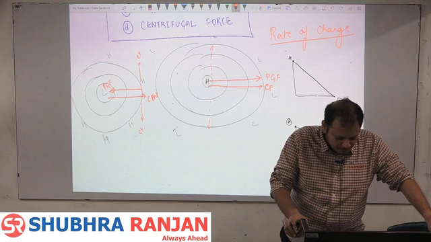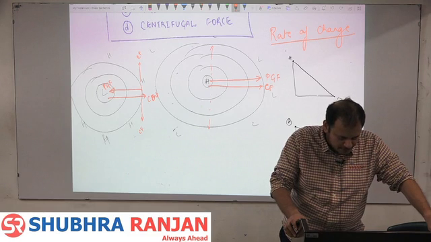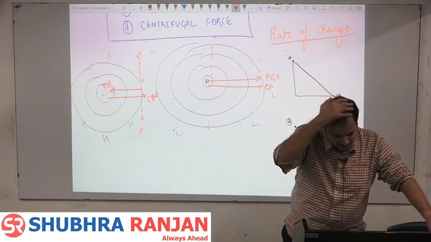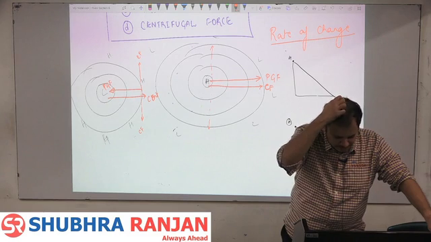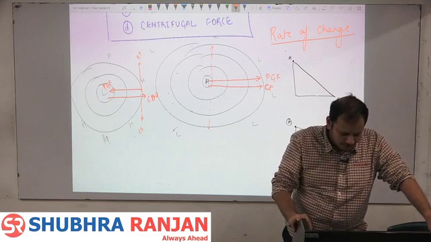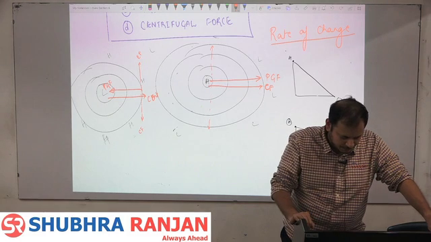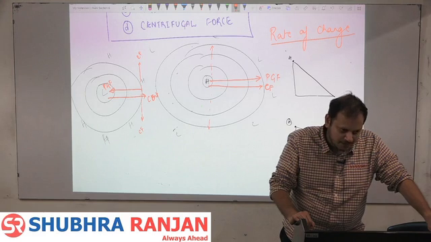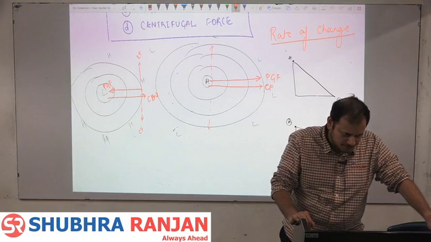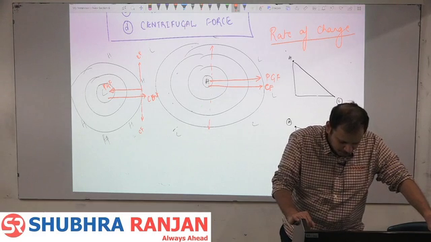Greater the pressure gradient, higher is the velocity, and vice versa.